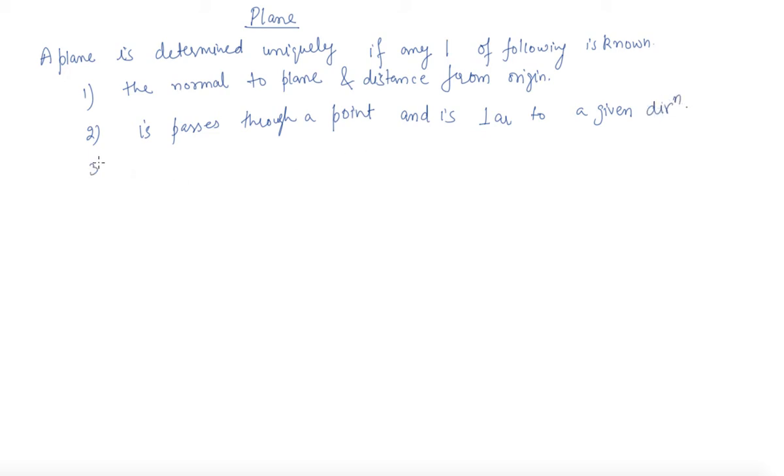Okay, so the third is it passes through three given non-collinear points. So out of these, if any one of it is given, we can find out the plane.